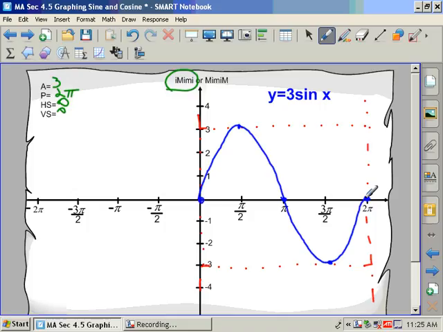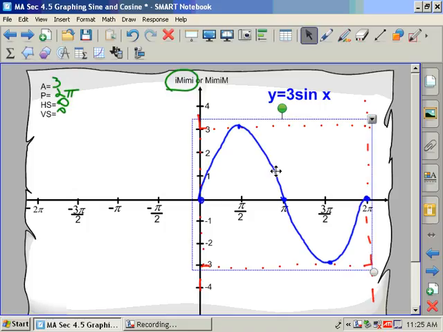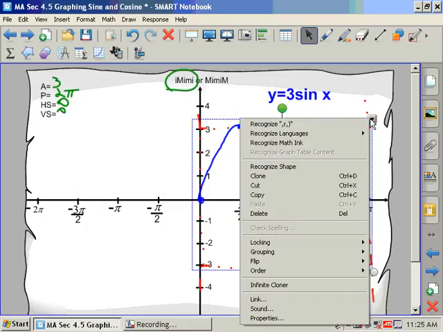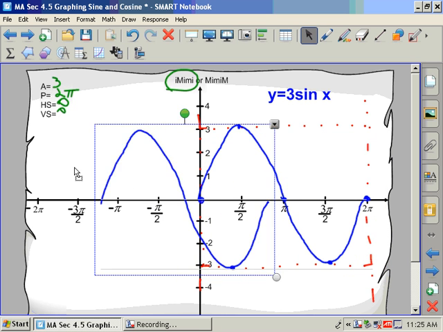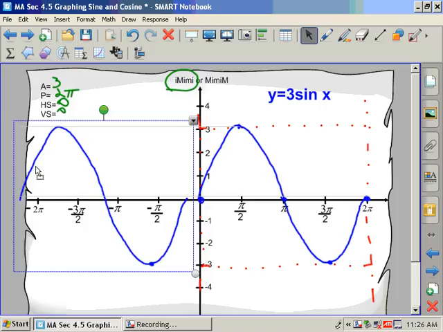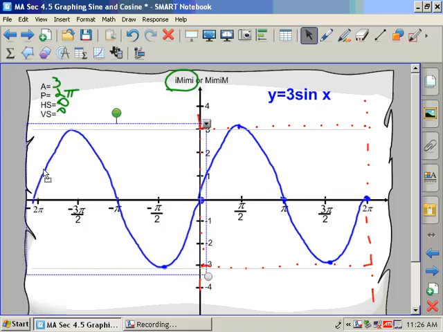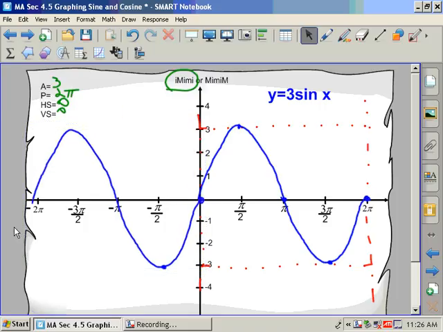And cut and paste it. This is fun on the smartboard, because I can clone this and add another one. There's my cut and paste. Now essentially you're going to just put in those points.